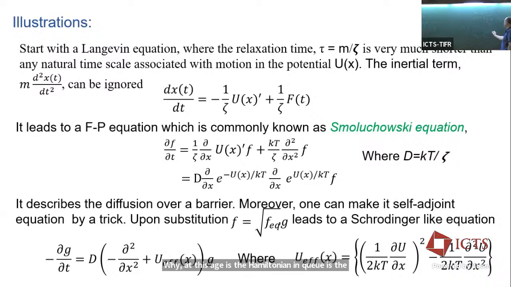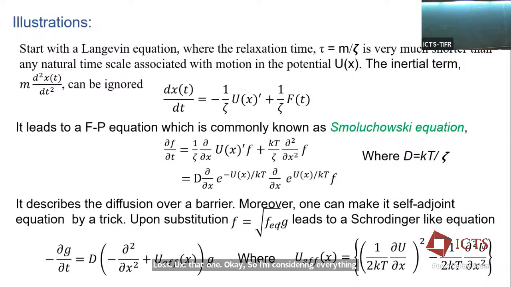H you can write as kinetic energy plus potential energy, p square by 2m plus U(x). I am considering everything in one dimension.